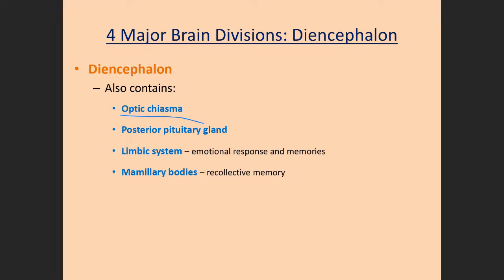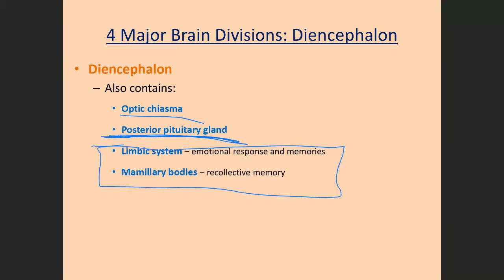You're also going to have your posterior pituitary glands. Your pituitary glands we will look at a lot in 169 when you look at the endocrine system. And then you're going to have your limbic system and your mammillary bodies. These are responsible for memories. So you have in your diencephalon a lot of useful, needed parts for memorization.